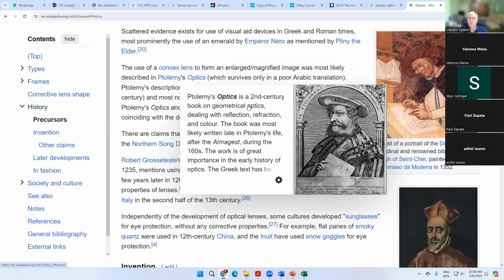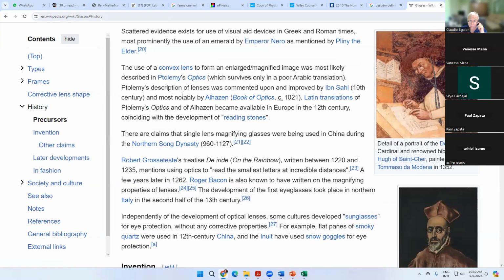So he was around 200 AD. This book was published around 200 AD, during the 160s. Okay, it was in antiquity, and it survives only in a poor Arabic translation. Poor Arabic translation. What a shame, right?